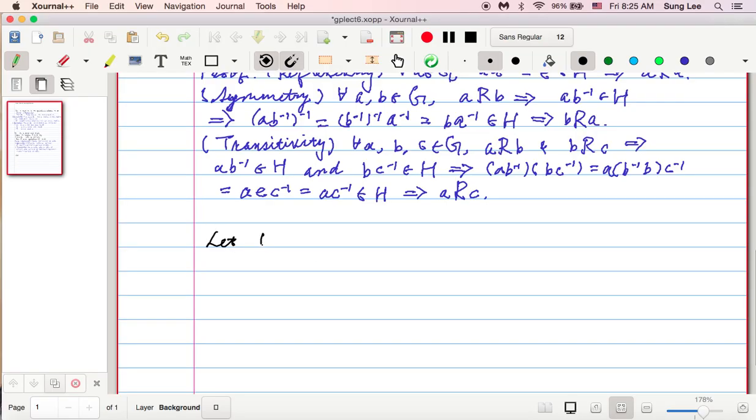Okay, so let R be an equivalence relation on a set S. Of course, every time I say a set, what I mean is a non-empty set.